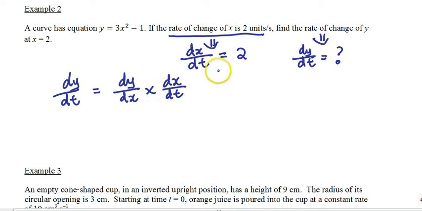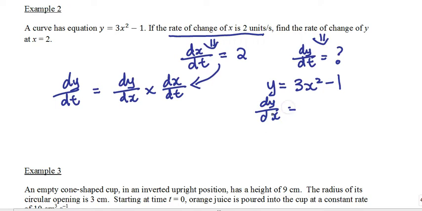Over here we already have dx over dt, which means that for us to get dy over dt, we need to first work out dy over dx. And to work out dy over dx is actually quite simple because we know y is equals to 3x squared minus 1.